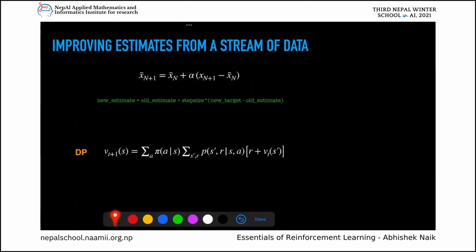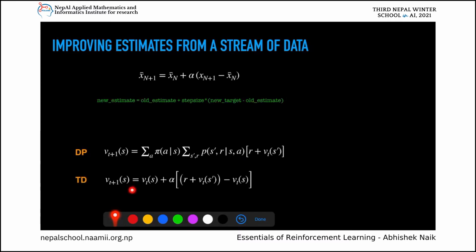Okay, so in dynamic programming, we had this way of improving our estimates by using a model of the world. Then we said, okay, what if we don't have a model of the world? We can now use this idea and iteratively improve our estimates given new data that we see. And so that would look like this.